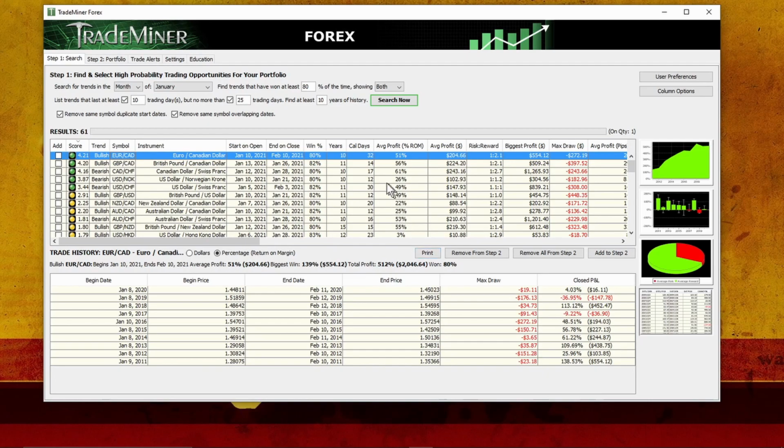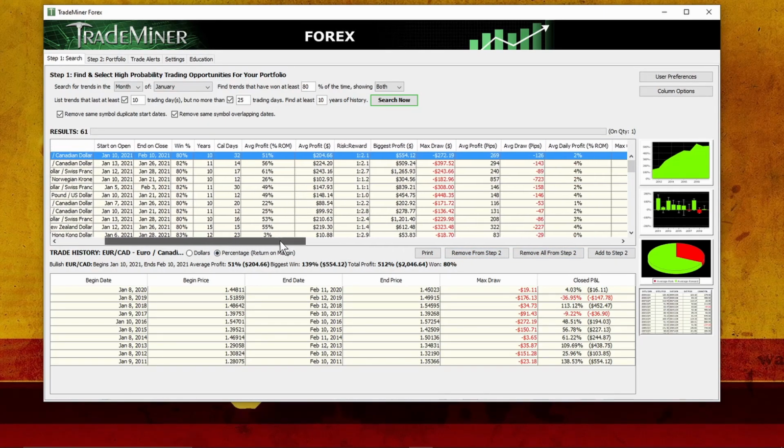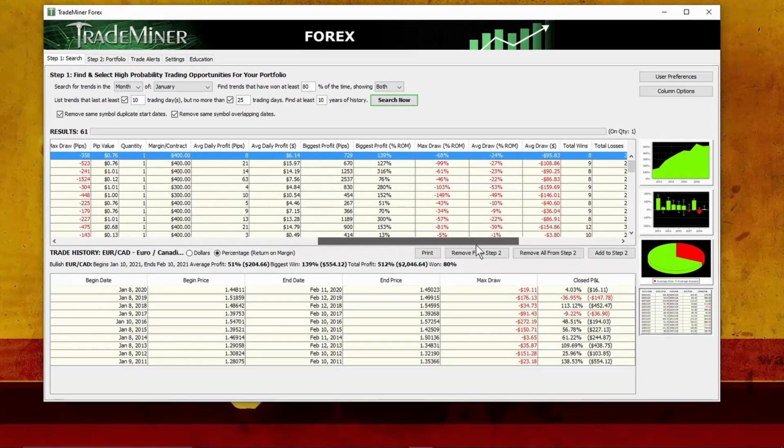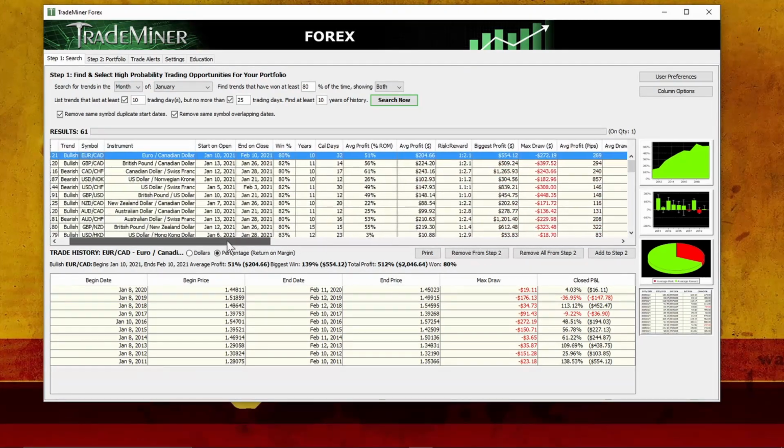So what you can do with this is, as you can see, there's an average profit, a return on margin of 51% with a 1 to 2.1% risk to reward, and it goes across, and you can basically go through a few of these statistics to see if you yourself would want to take or use this time window for trading.